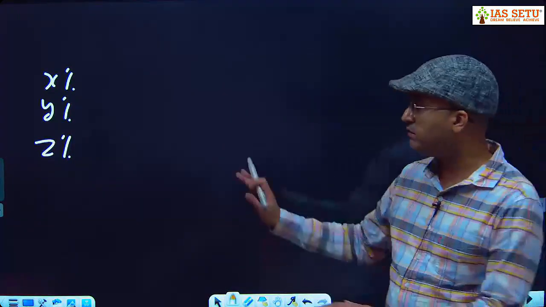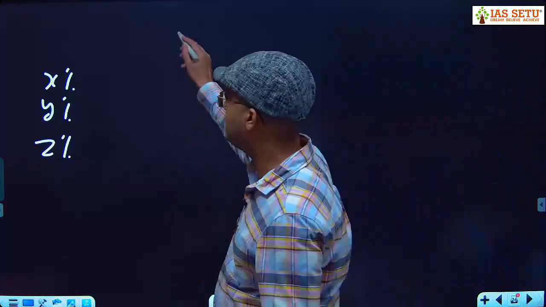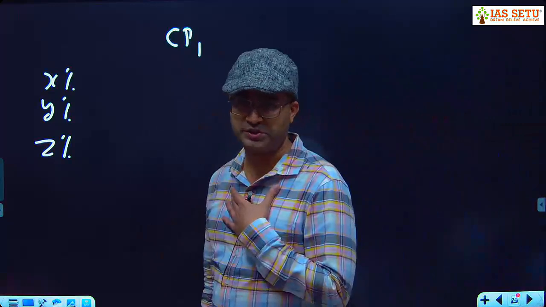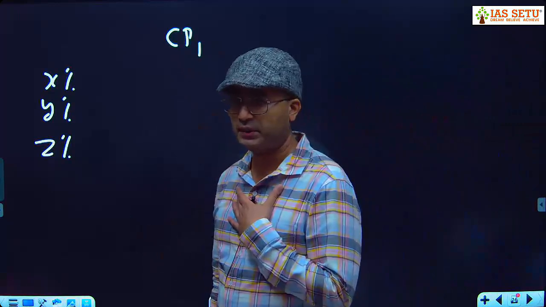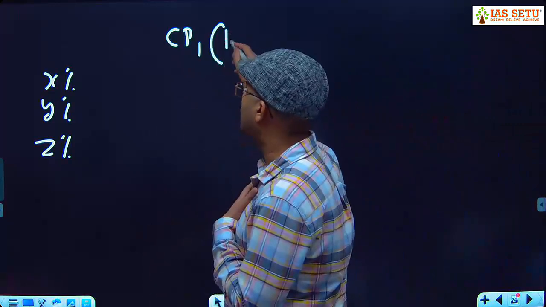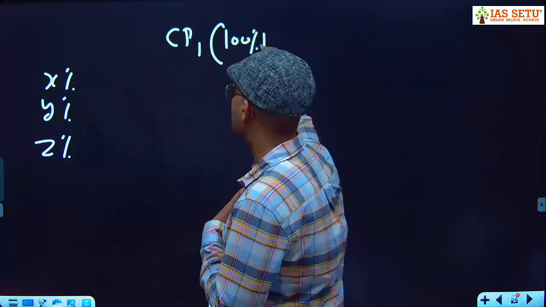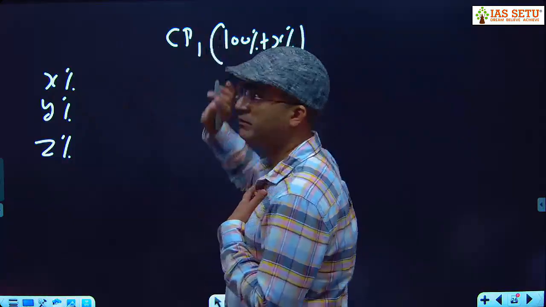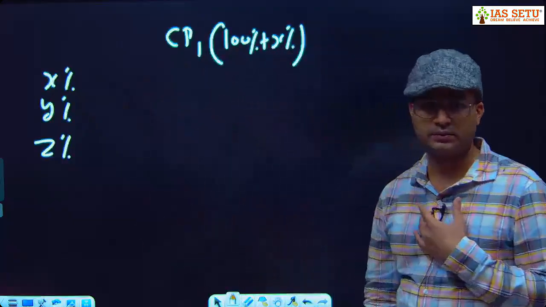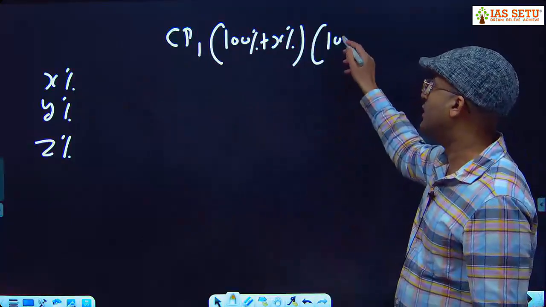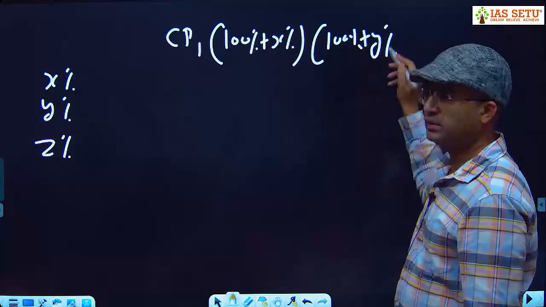Okay, what is our shortcut in chain rule? We start with CP1, like the amount at which I have purchased. And what we do, we always add profit in 100% and multiply with cost price. For the second also, 100% plus Y%.